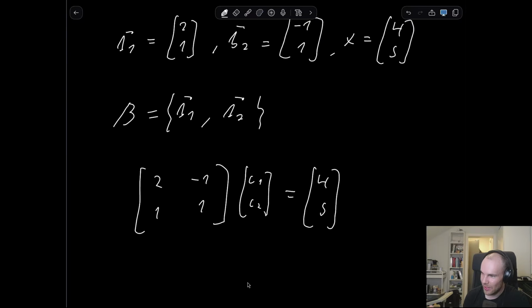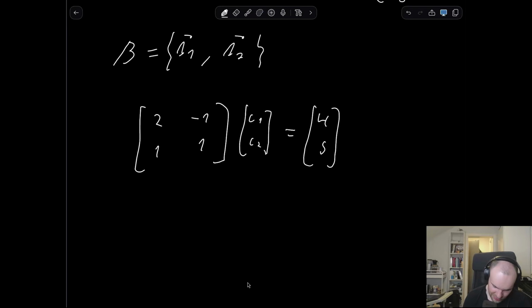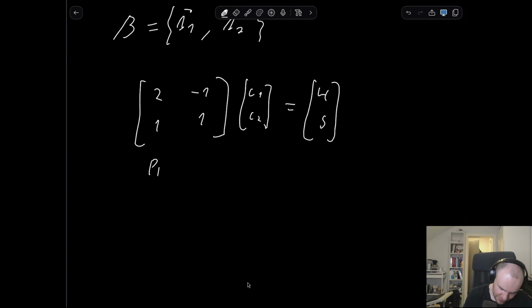So we have multiple ways that we can do this. Of course, I could represent this as, let's say, P_B, like I tried to do earlier. So I can write this as P_B times C1 and C2, so we have X like that, with respect to that basis, right?